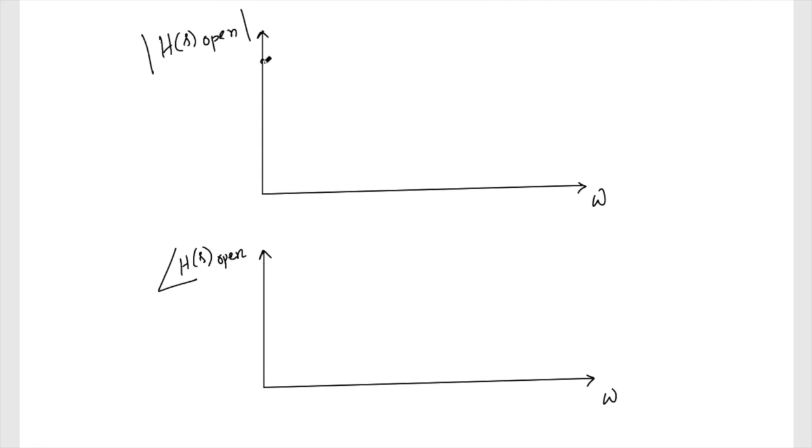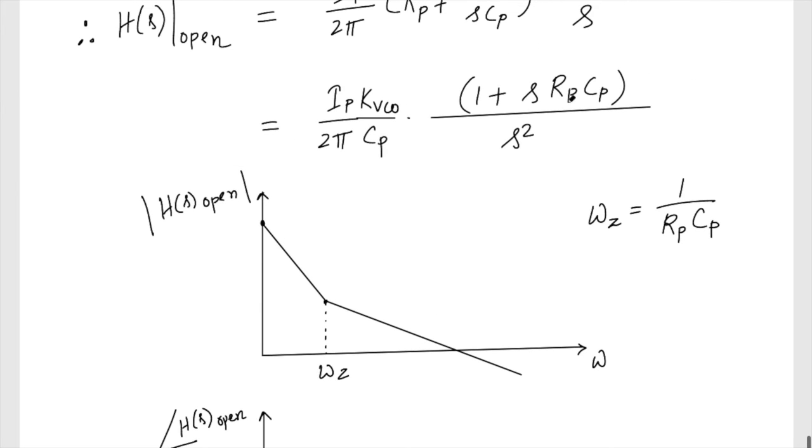Yes, I have two poles at the origin, so it will start rolling off at minus 40 dB per decade, but then there will be a 0 here. This 0 is omega z, and we have seen that omega z, the 0, is given by 1 by RP CP, from this equation.